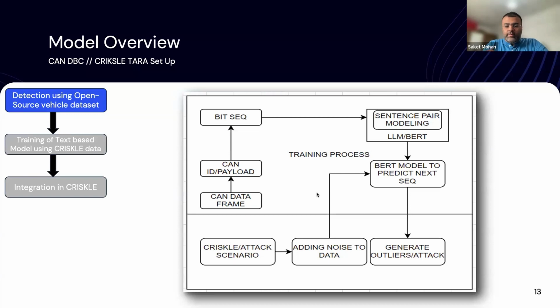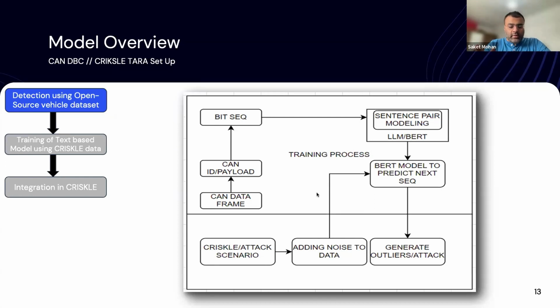Then we were able to predict or pick up the next logical CAN ID sequence from the CAN data. So basically, it's a set of benign data being fed to understand the next logical CAN ID sequence, and then generate outliers. The outliers will be pulled off, and the next logical attack sequence will be put together as an anomaly.